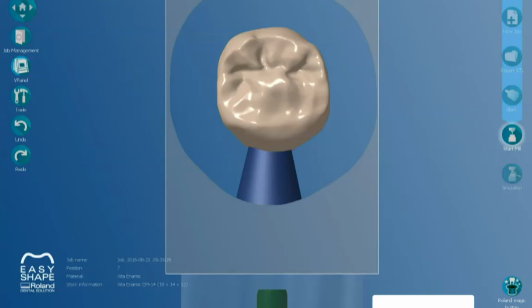Is Enamic able to be used across various platforms? It can. I don't know any machine that doesn't mill Enamic nowadays, unless it's some strange third-world country system. Every common system on the market works, whether you use a chairside system like Sirona or Roland, a lab machine like Imes-icore or Amann Girrbach, or huge industrial machines like a Sauer.